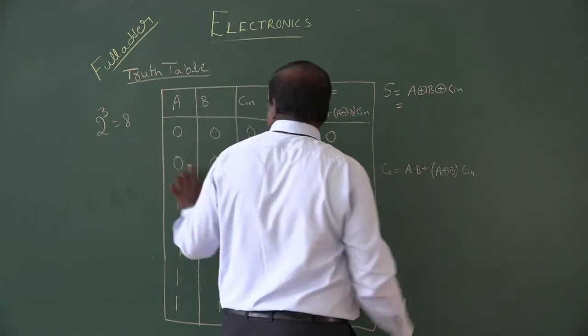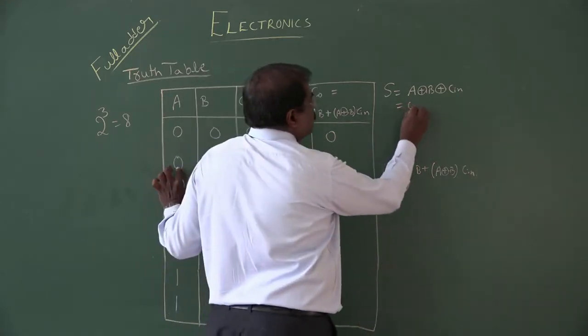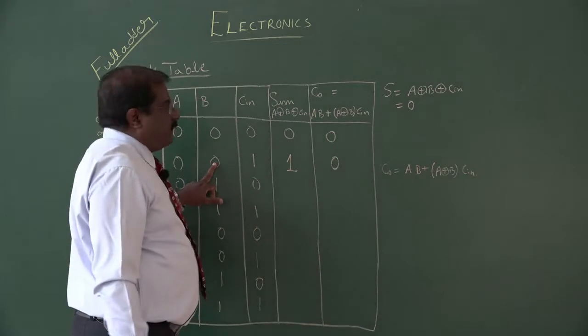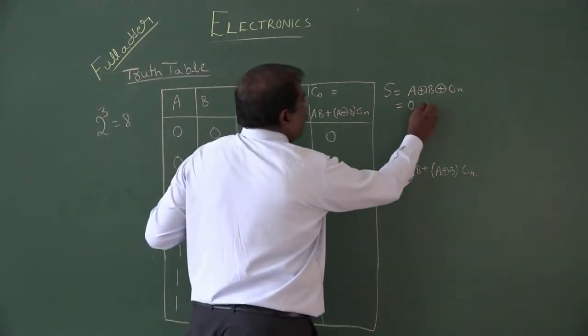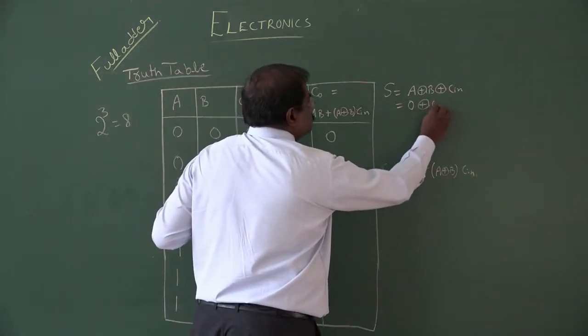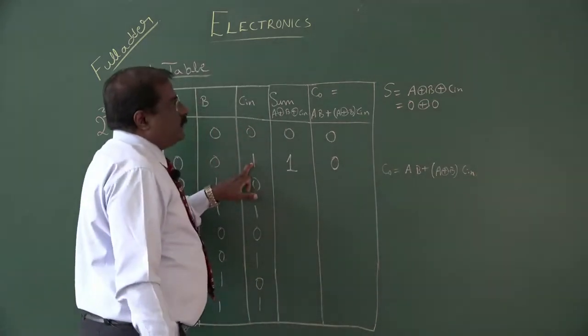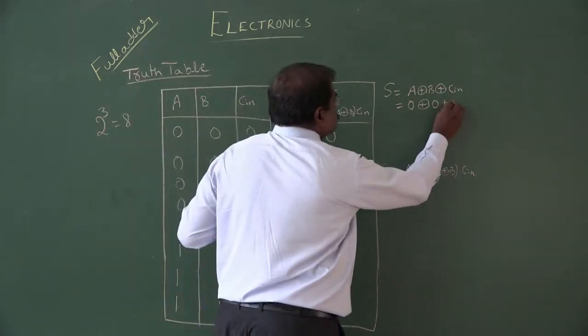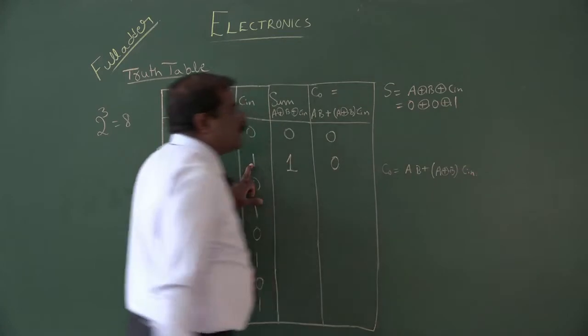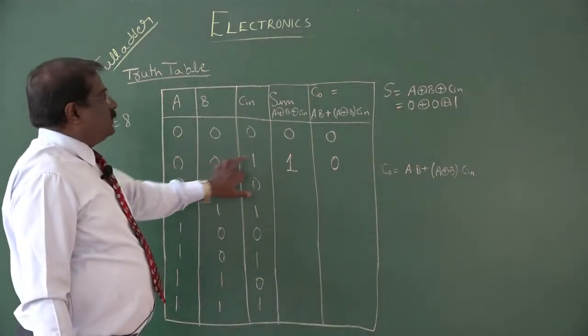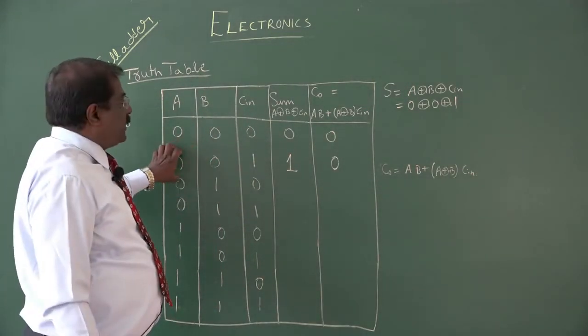The A value is, let us take, 0. B value is 0, C value is 1. A, B, C. We have taken the second combination.